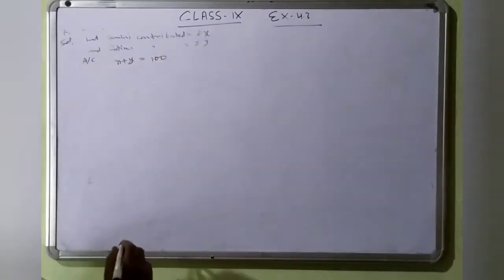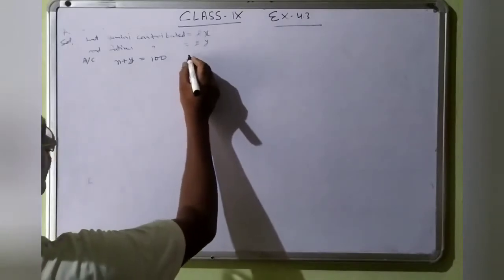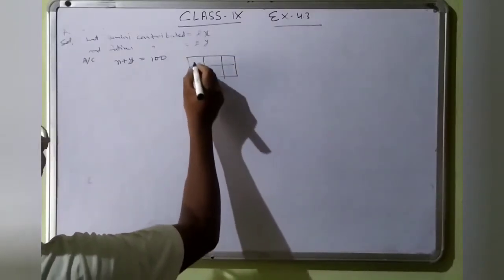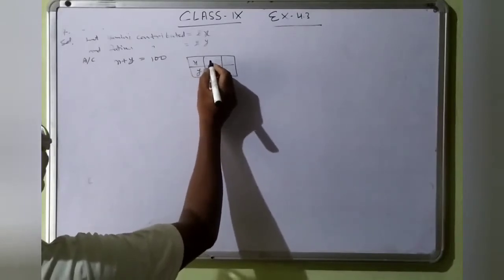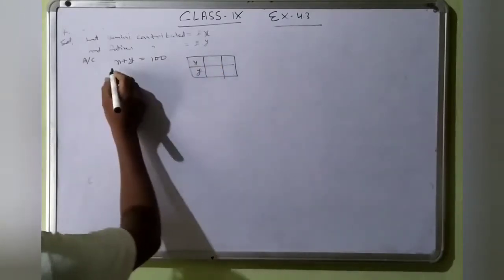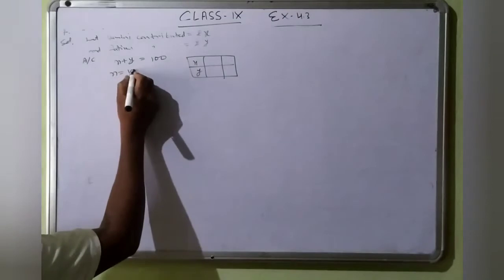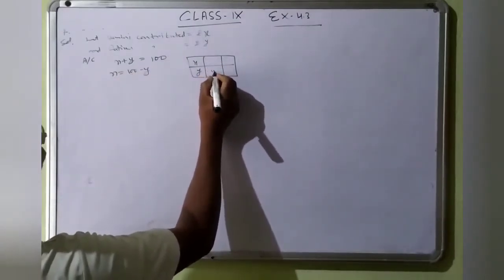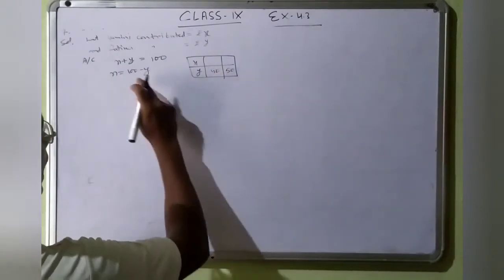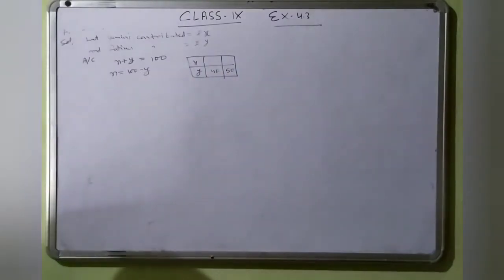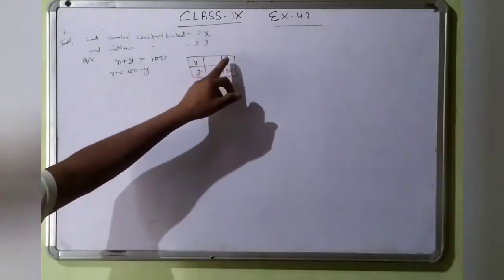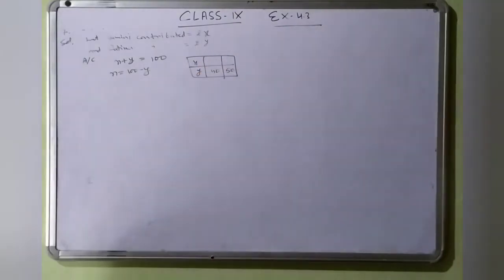This is the equation. For graph, we will draw a box. x, y. x is equal to 100 minus y. So y value we will write here 40, 50. You can write any value, but if we are placing 40, 50, then x value also will be near these values.